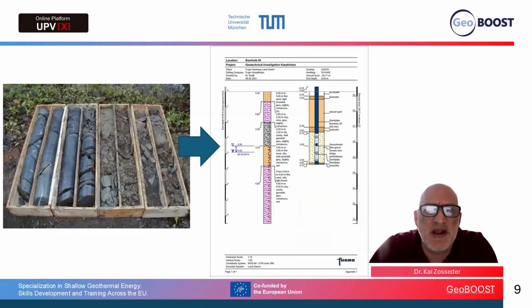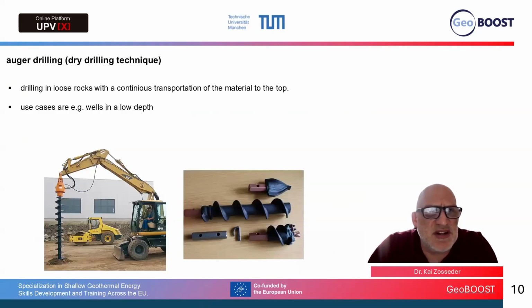Then there is the auger drilling process, which is quite a simple form of drilling. Of course, you use that in loose rocks, and it is a continuous transport of the material to the top. This is normally used for wells of low depth.